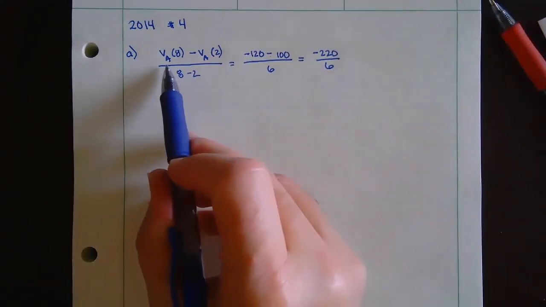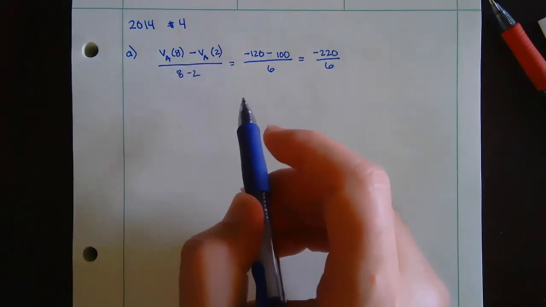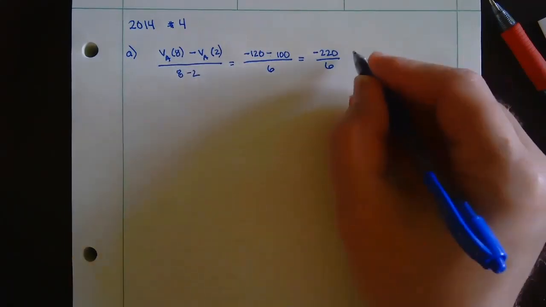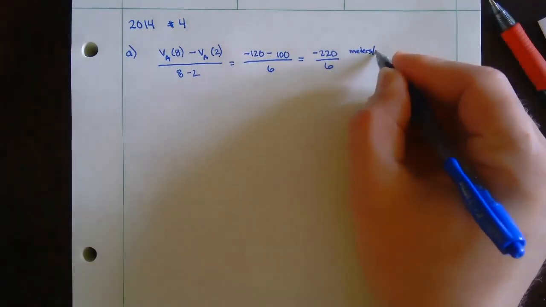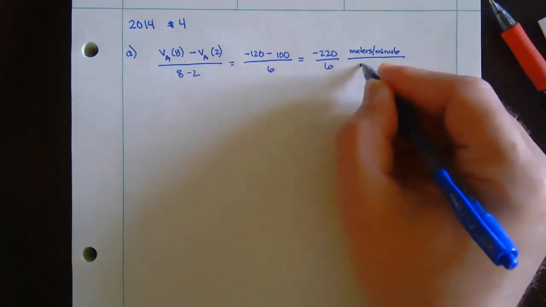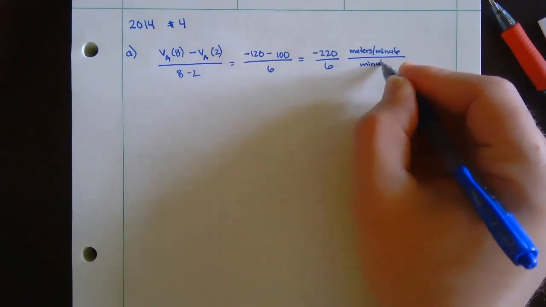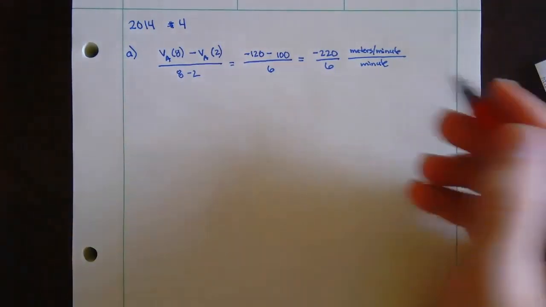But what are the units for velocity here, for velocity of train A? It's meters per minute, right? So this is meters per minute over minute, right? So an alternative way, and some of you guys realize this, is just meters per minute squared, right?